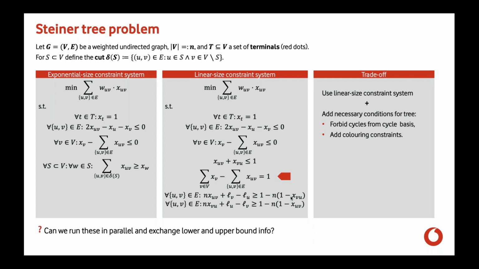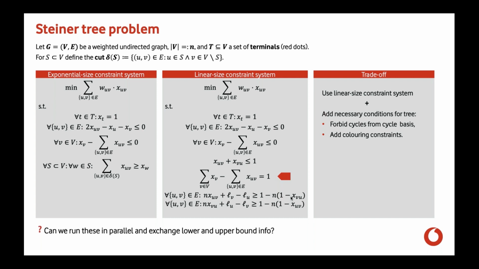So the good side is you can tell the optimizer all the constraints from the beginning. You always have a correct lower bound on the value of the solution, and heuristics do the right thing from the beginning. However, it's not as tight to the solution as the exponential size constraint system.